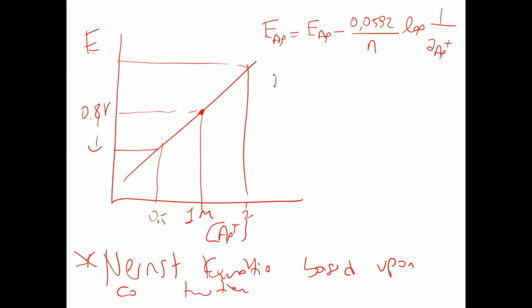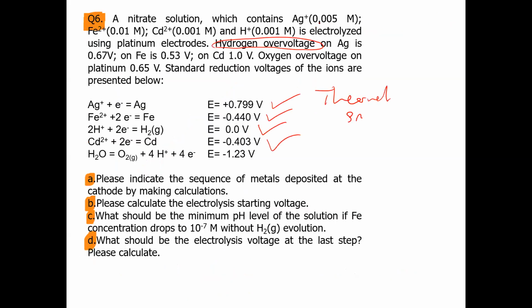You know, the activity of silver plus is equal to the concentration, the molarity of silver plus. So instead of this one, we can use this one. And silver, you know this value, it is given in the question: 0.8 volt, or 0.799 volt.